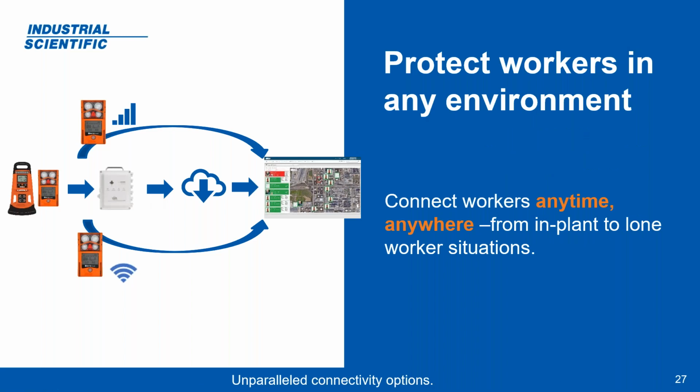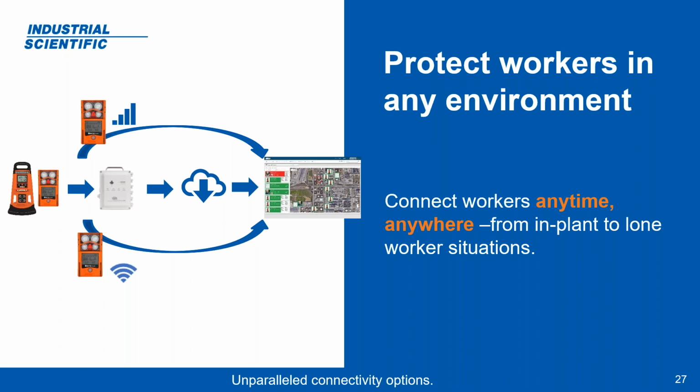And we do that through a number of different ways of communication. With the Radius and the Venice Pro, through our mesh network, communicating through a gateway that connects to the cloud; the Venice Pro communicating directly on a cellular connection; or the Venice Pro communicating directly to the cloud from a Wi-Fi connection.